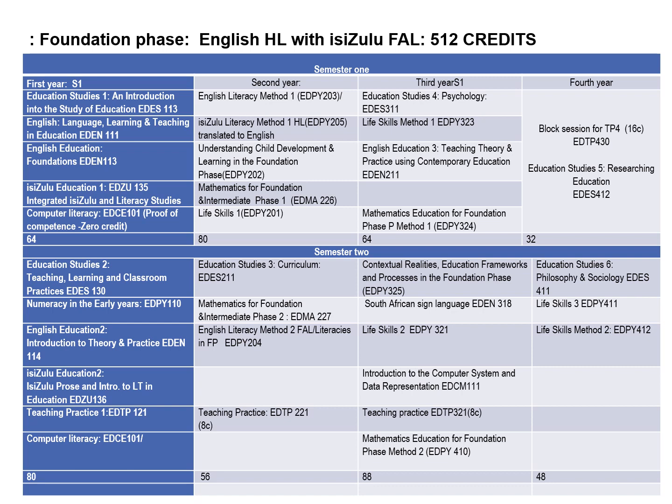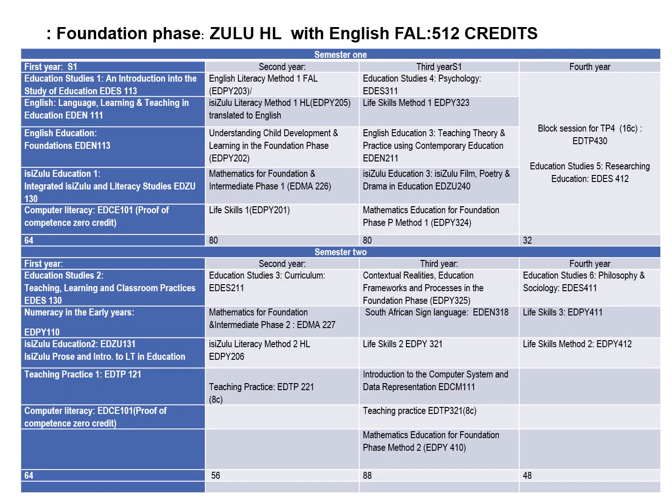Now this slide reflects the modules that you would need to register for from year 1 to year 4 when you're choosing English as your home language and isiZulu as your FAL. So this grid shows you the modules that you need to complete per semester from year 1 to year 4. This grid is designed when isiZulu is your home language and English is chosen as a FAL.